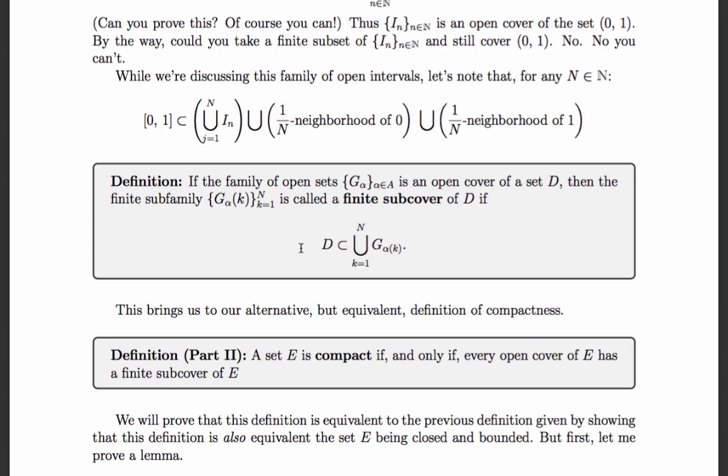Now, how are we going to prove that it's equivalent? Well, we're going to prove that this definition is also true if and only if E is closed and bounded, which is true if and only if E is compact by the previous definition.